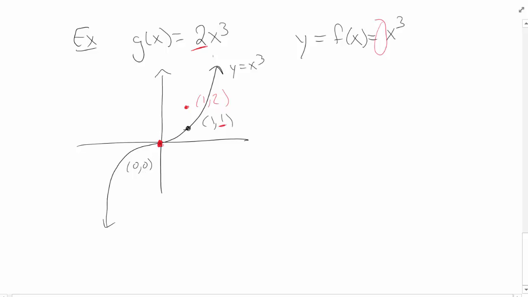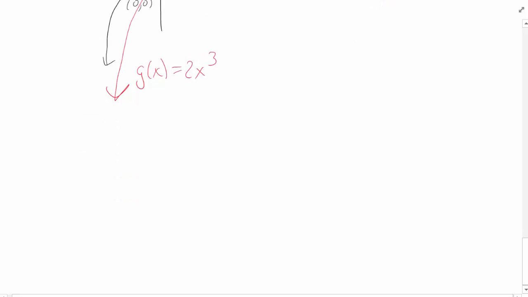What you'll also notice is that the distance from the x-axis on my new function, where I multiplied by 2, is twice that distance. So you're just stretching the distance by 2 from the x-axis. Okay, so here's my g of x is equal to 2x cubed.